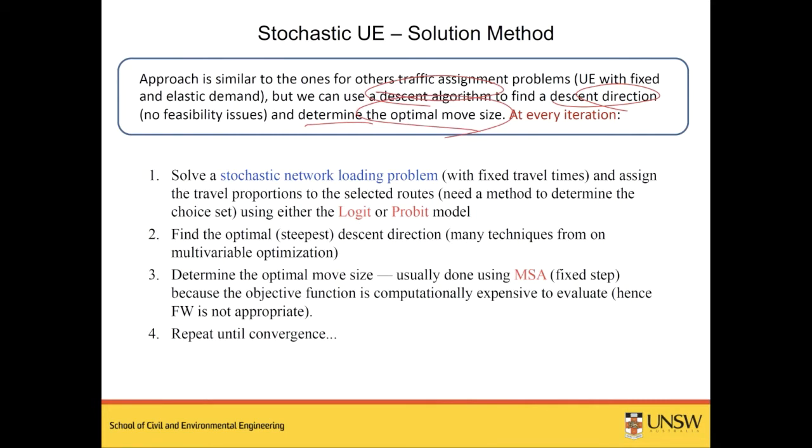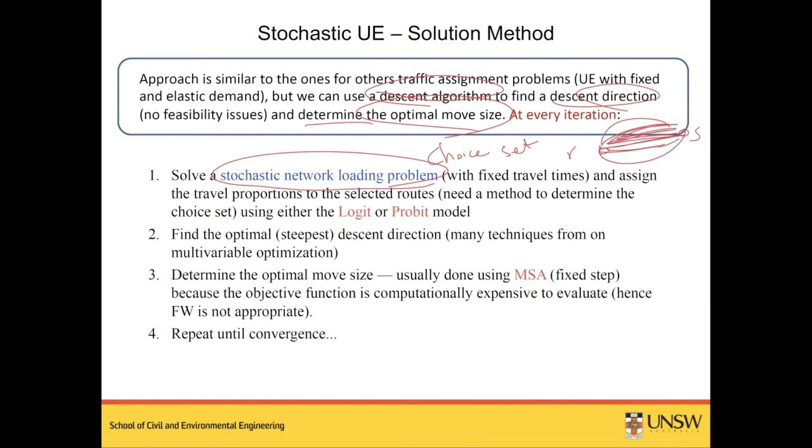So what we do is we solve the stochastic network loading problem. What does that mean? That means we find the possible paths; we come up with the choice set. If between each OD I have many, many possible paths, I need to come up with a choice set.